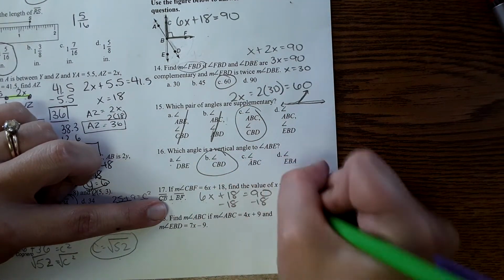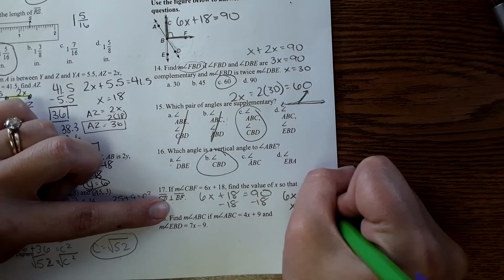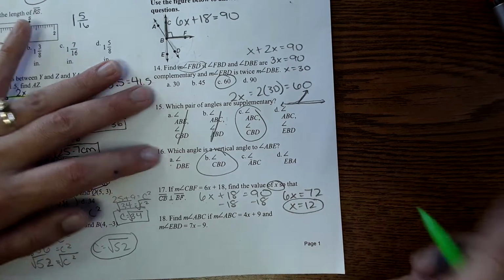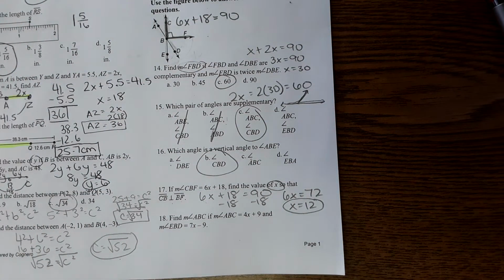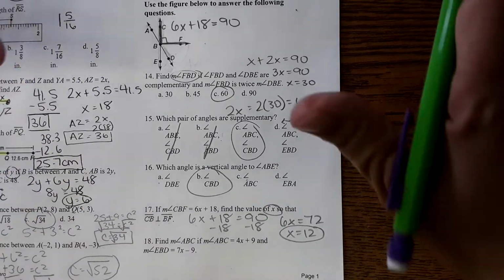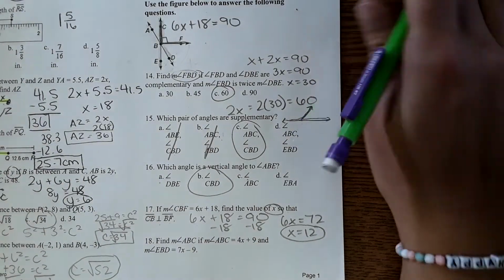And go ahead and solve. And it says just find the value of x. So at that point, we're done. Wait, not completely done with the worksheet, just that problem.